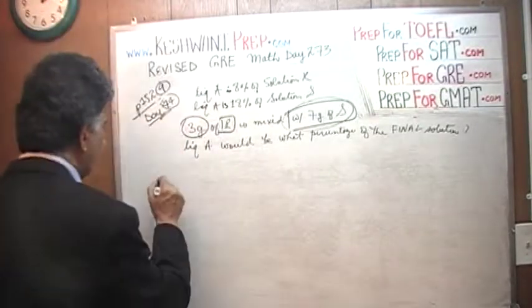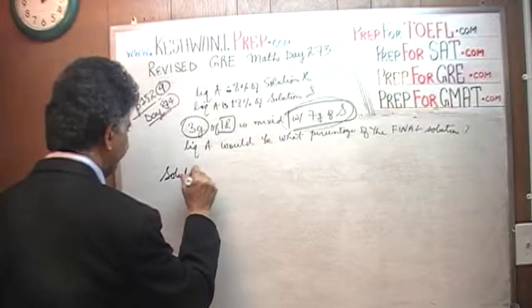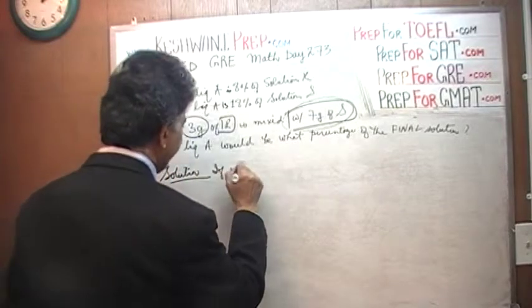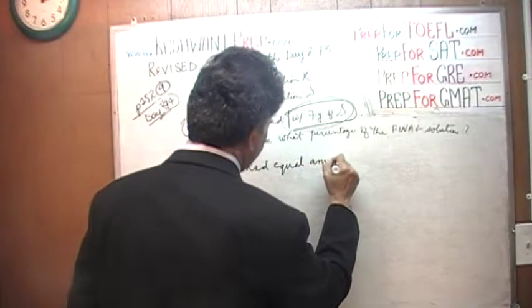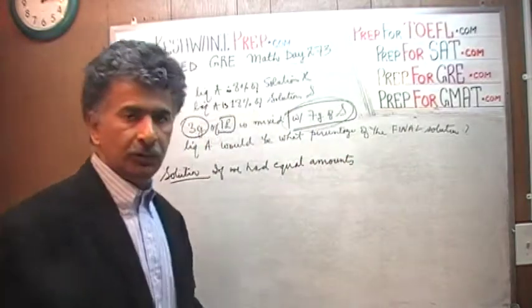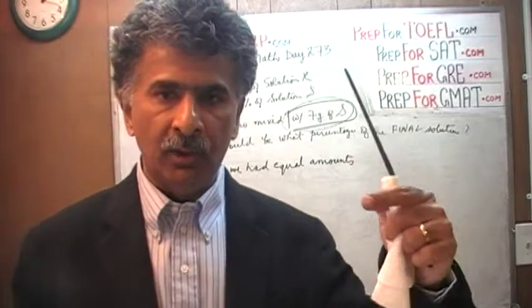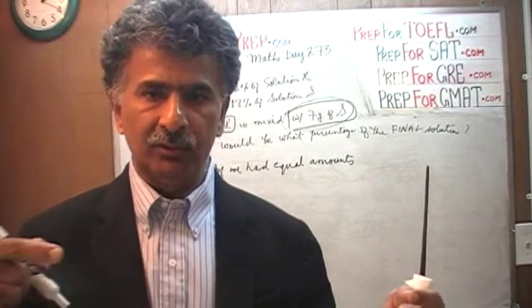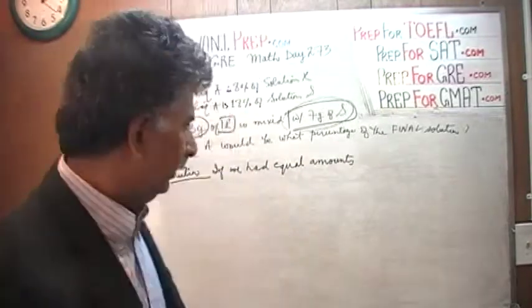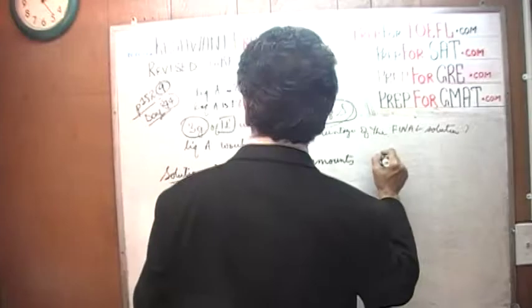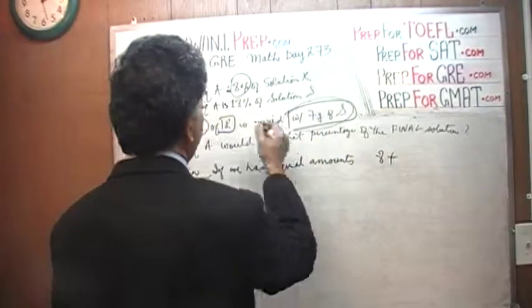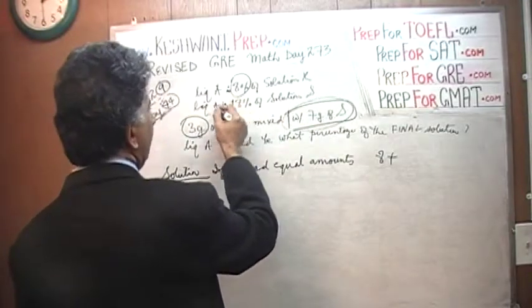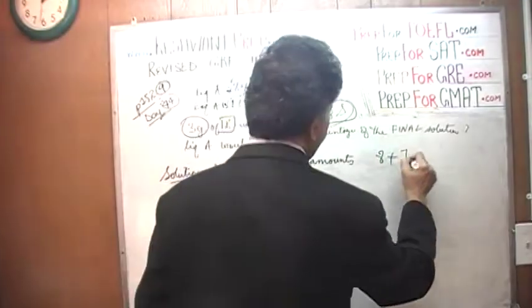If we had equal amounts, in other words, if you take 1 liter of liquid R and 1 liter of liquid S and combine them, then the concentration would have been the average of the two. There is 8% of A in R, and liquid A is 18% in the other one.